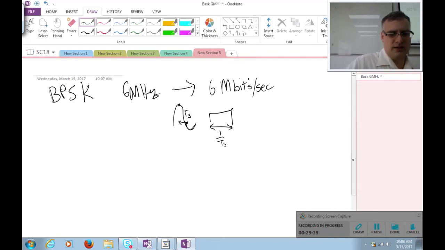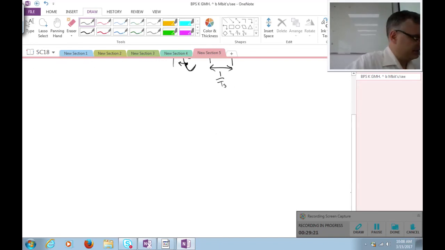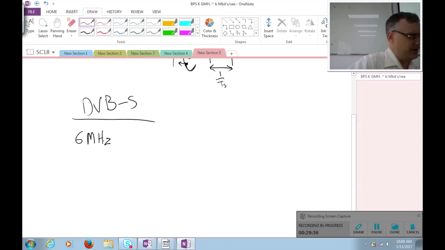So now, armed with that information, if you didn't know it already, let's do the DVB-S problem. We said that the original satellite digital video broadcasting standard was 6 megahertz of bandwidth, and it used QPSK, so there's 2 bits per symbol.